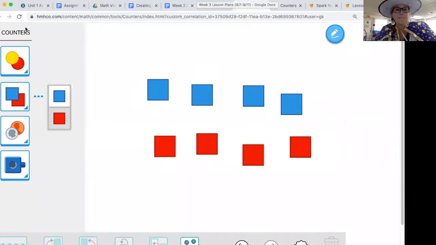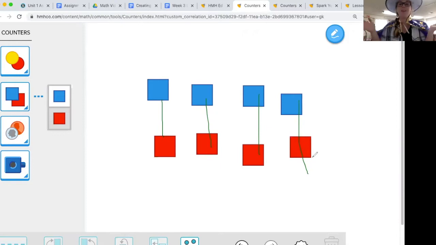Match them, match them. Looking at it, can you tell me? Okay, let's check our answer. That's what we can do with matching. Does each one have a match? That means the groups are equal, which means same. They're the same number. Equal means same.